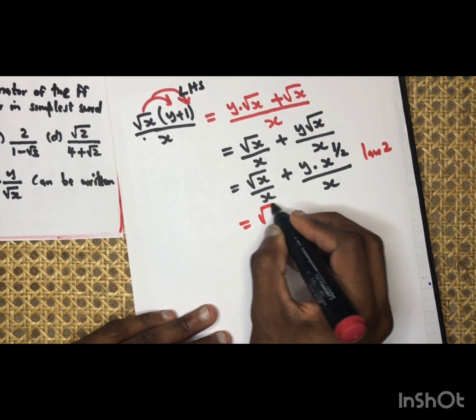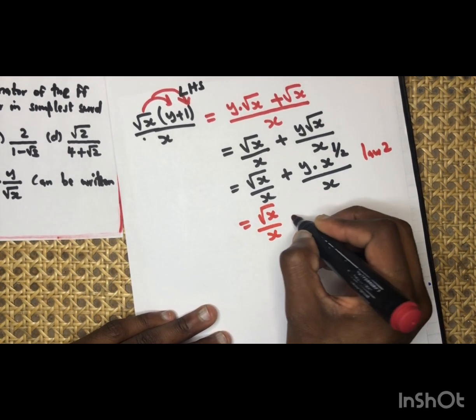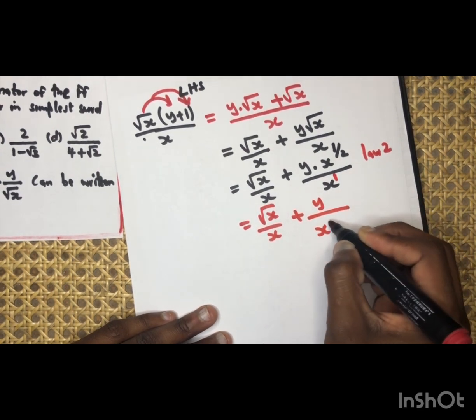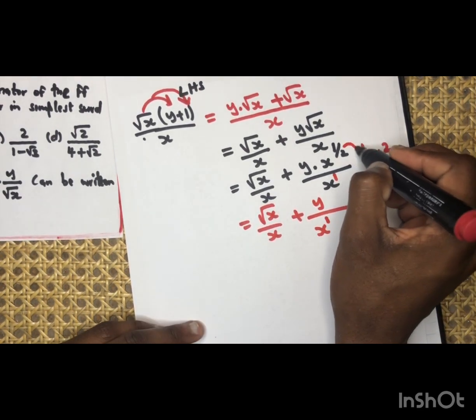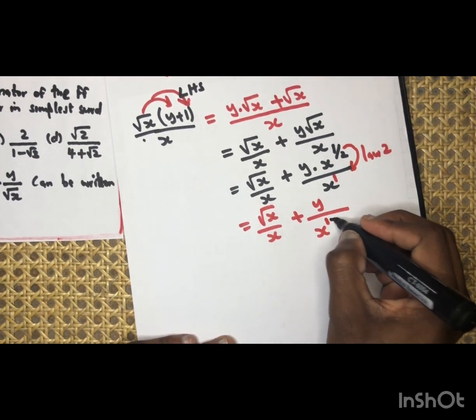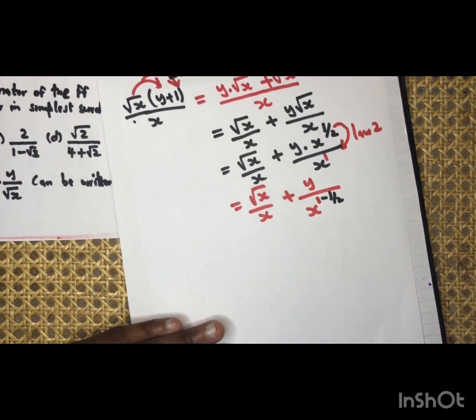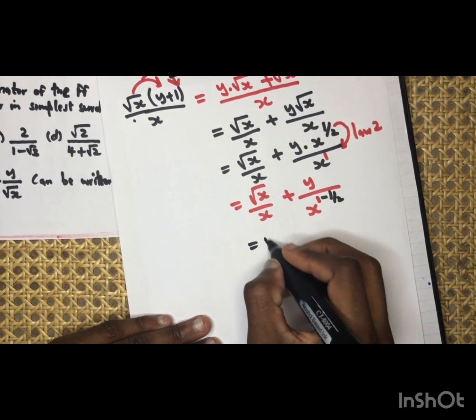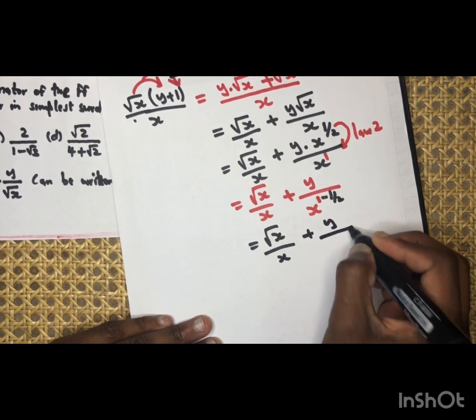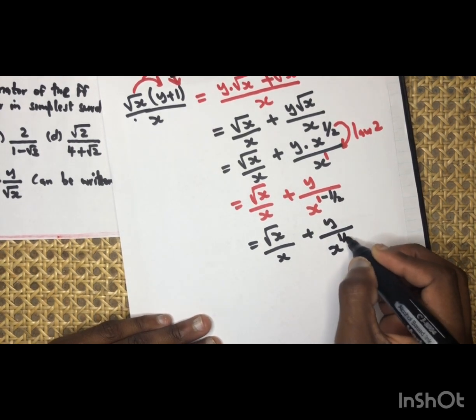So I'm going to have square root of x over x plus y over x. Remember, we have power 1 here. Then if this half goes down, the sign is going to change to become what? Minus half. So which means root x over x plus y over x to the power 1 over 2.